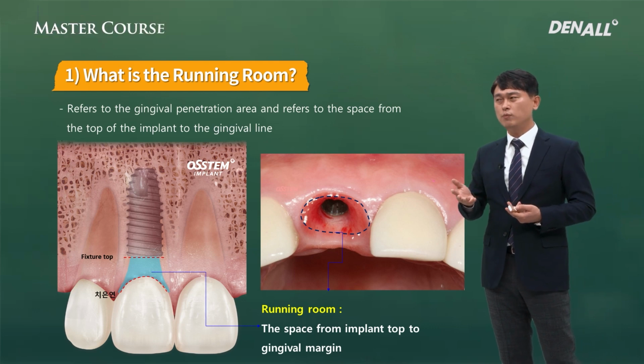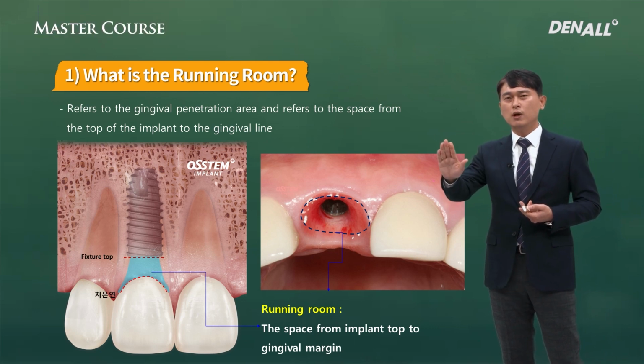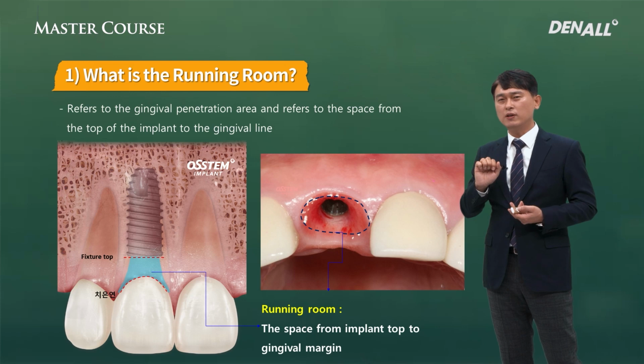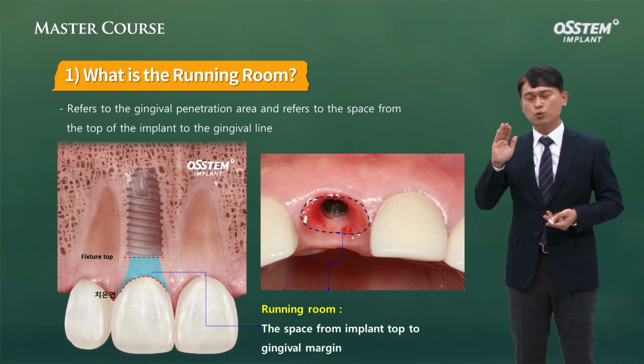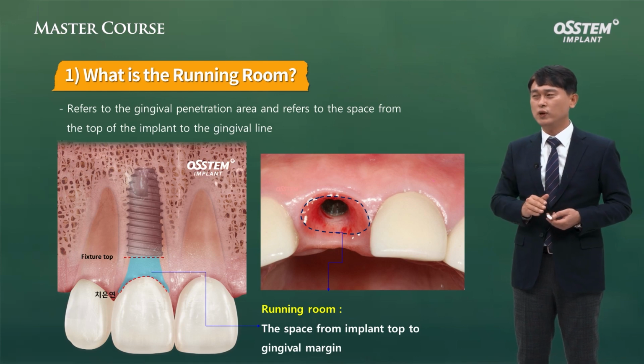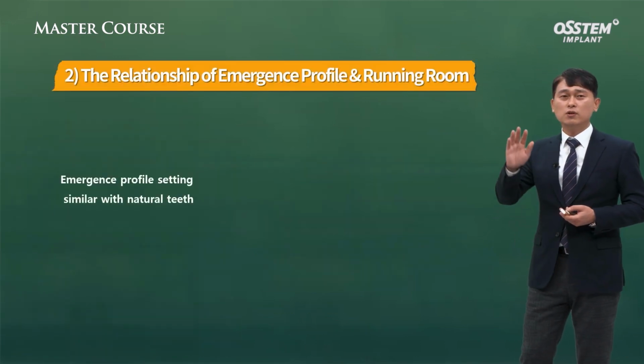It is important to create running room appropriately. It shouldn't be pressed too much and it should not be without support. If you create a good running room, that can lead to excellent emergence profile.